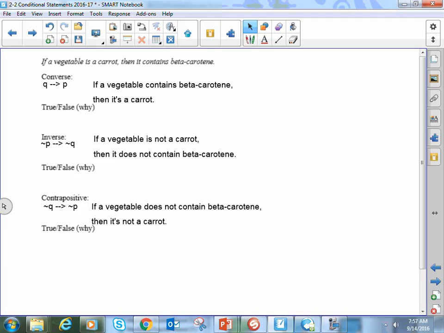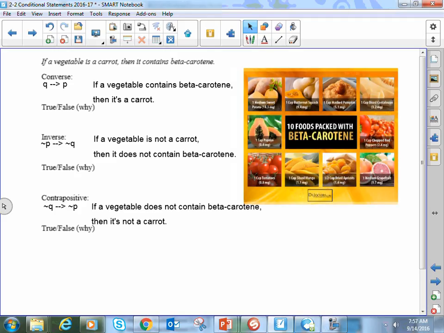So here, to help us with the truth values if we need it, this might be a little hard to see. Even standing in front of it, it's a little difficult for me to read. But going from the top row from left to right, we have sweet potatoes, butternut squash, pumpkin, and diced cantaloupe.